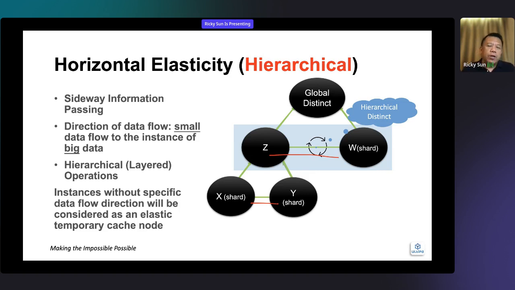And also the layered operations, as illustrated here, right? So instances without specific data flow direction will be considered as an elastic, temporary, or even caching node, which I'm going to get to in the next couple of slides.